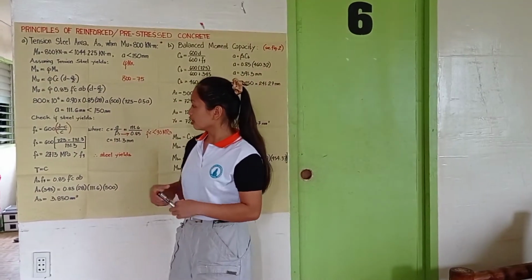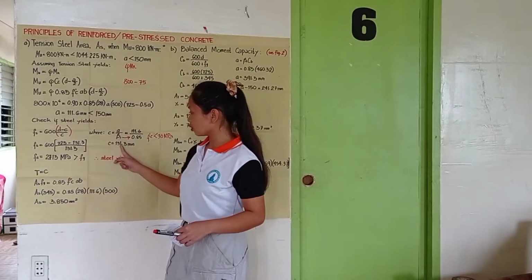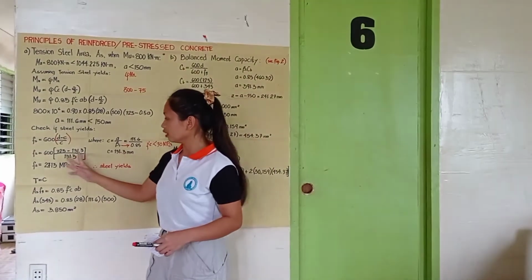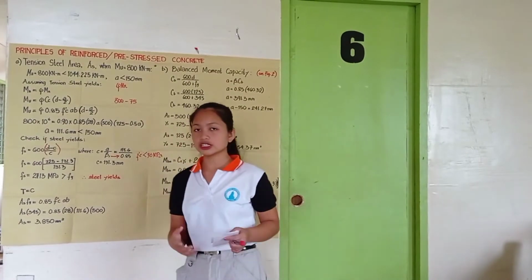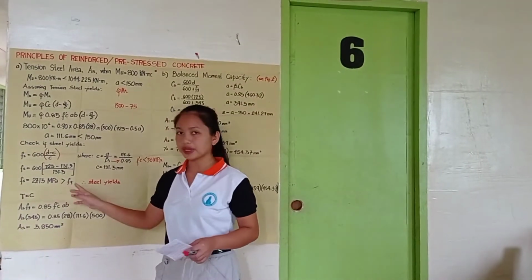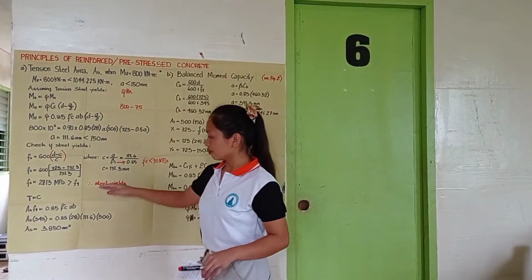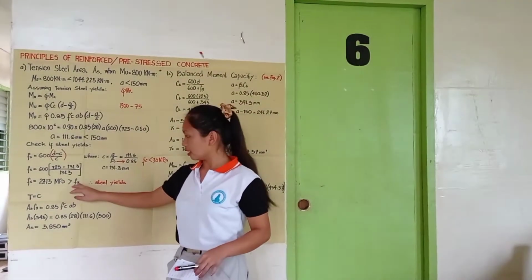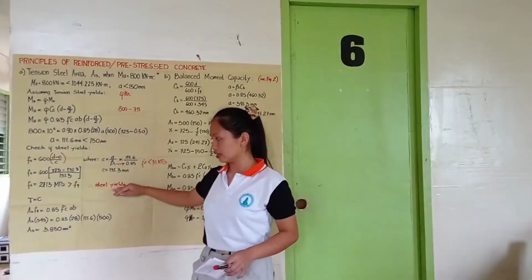So D is 725 minus 131.3, the result of our C, over C again, 131.3. Through calculations, we arrived at the answer 2,713 MPa. That is greater than the Fy. So therefore, our steel yields.